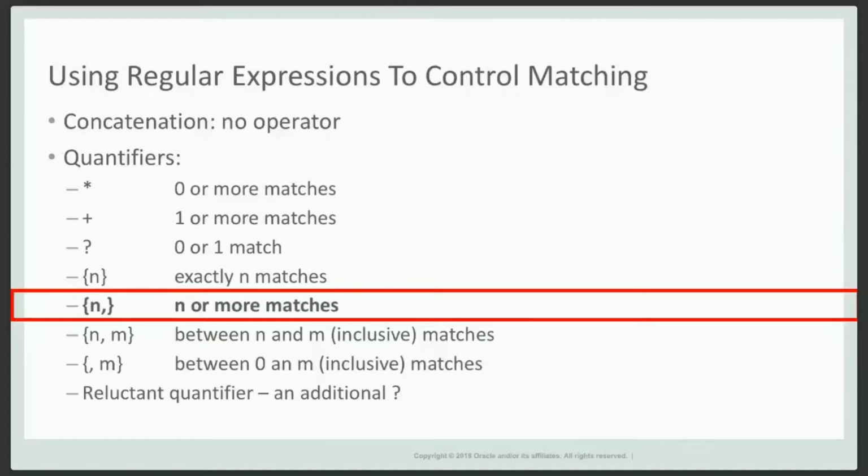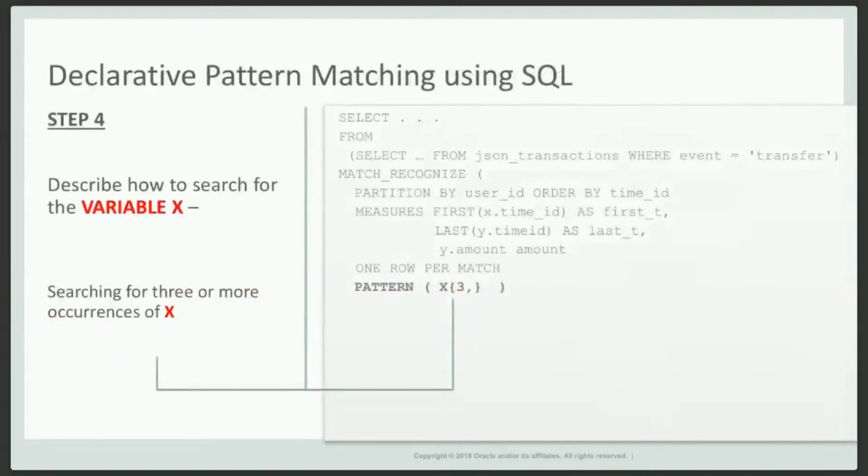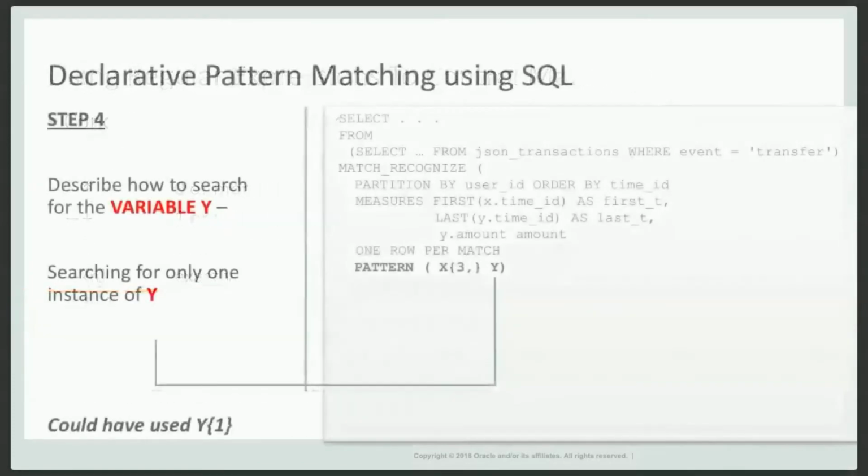There are various different types. The one I'm using here is looking for n or more matches. So in this case, I'm looking for 3 or more small transfers, but there must be at least 3. And there are various other operators that you can use.